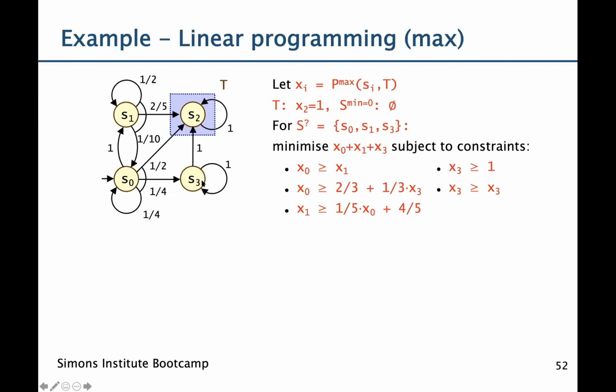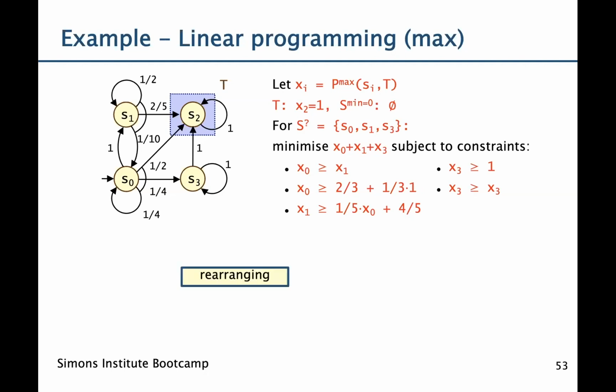And then for state S3 we've got the two choices here. So if we choose this one, we've got x3 is greater than or equal to 1, since we've reached the target here, and this is a self loop, so this just says x3 is greater than or equal to x3.